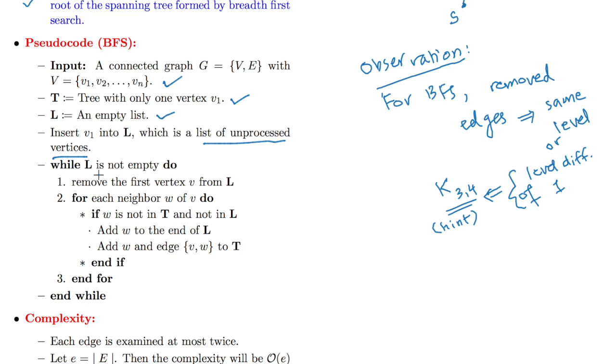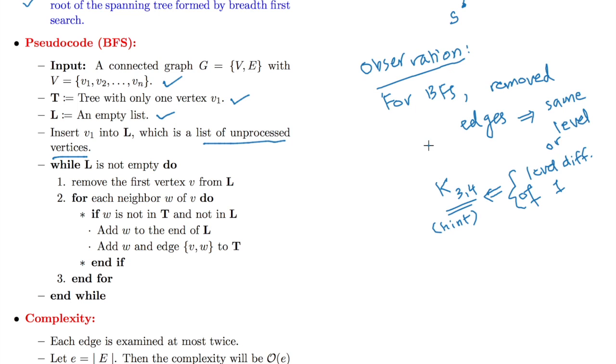We keep going as long as L is not empty, and we remove the first vertex V, and for each neighbor W, meaning a vertex adjacent to V, if that W is not in T and not in L, we put W at the end of L and add W and edge VW to T, and then we continue until this condition is false.